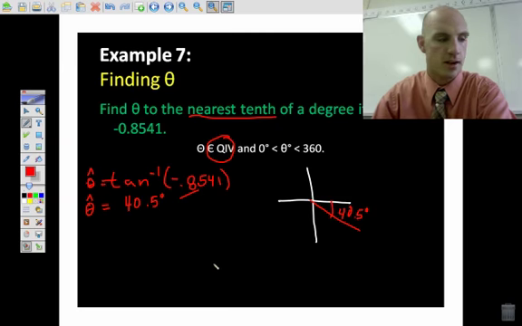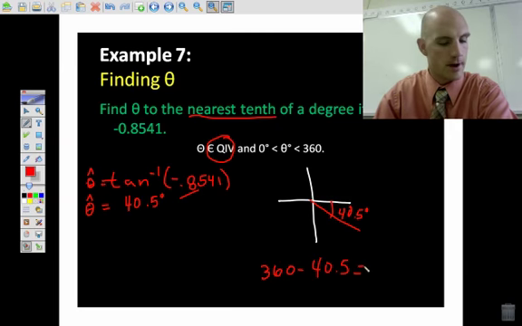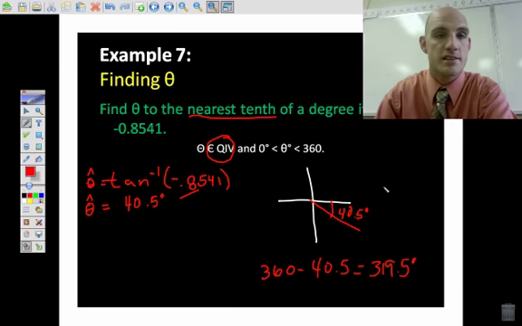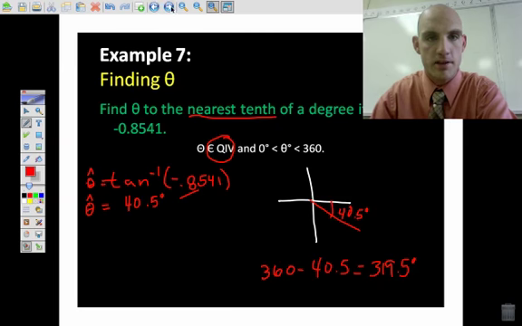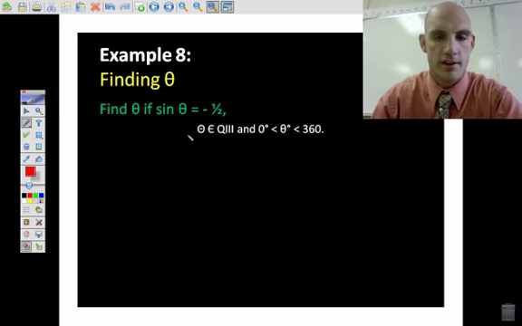I know that I'm going to have the whole way around, 360 minus 40.5, because if I went all the way around like this and I go back 40.5 degrees, I'm going to end up with 319.5 degrees. Okay, this is how this works. It's really pretty simple because we just need to remember that we're finding theta hat. So go ahead and try this one on your own.